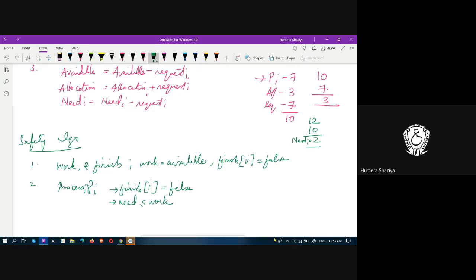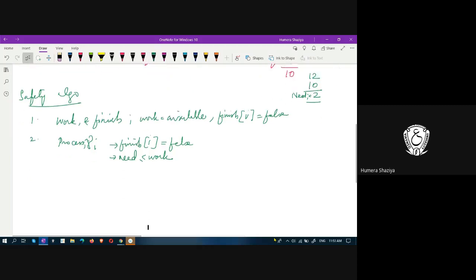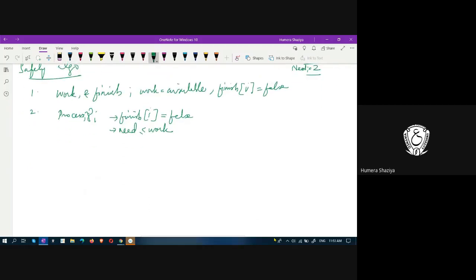Need is the total need, and work is the available resources. Further, a condition is checked. If there is no such I, then we have to stop the process. Otherwise, you go to step number 3.